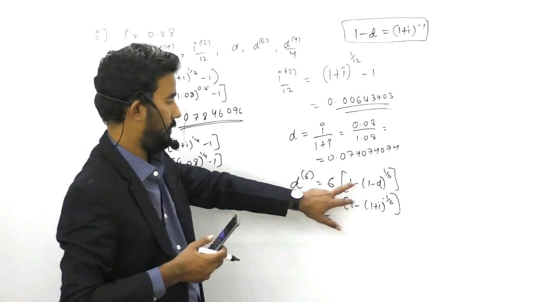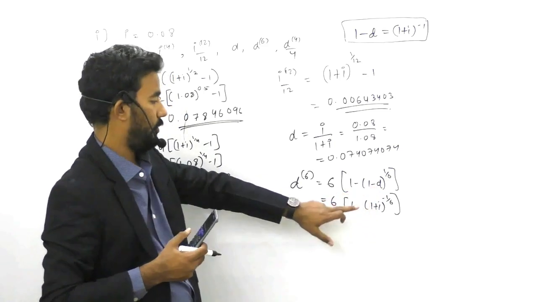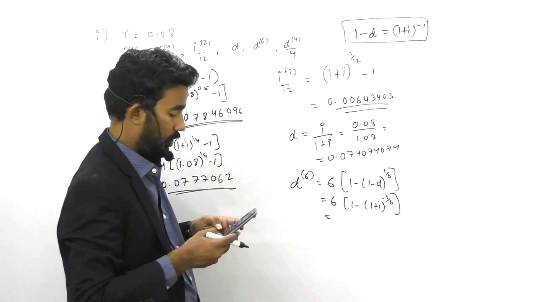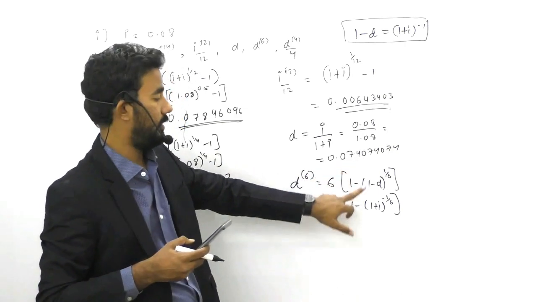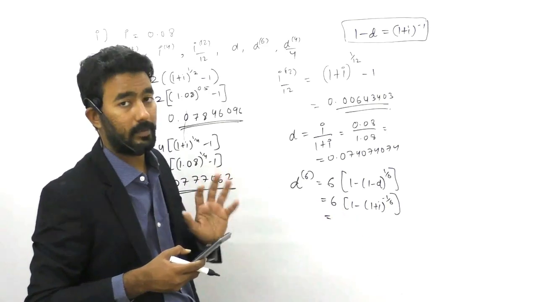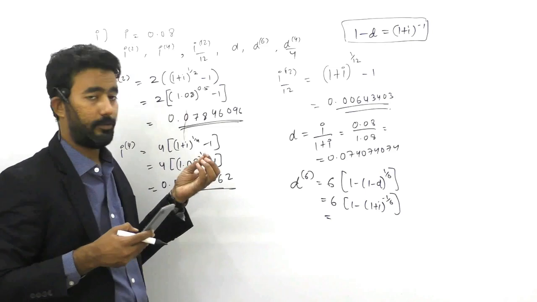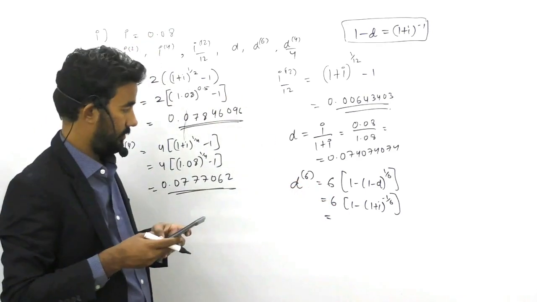You can use either of the formulas. You can use this D in place of this D, or you can use I directly. I would prefer to use I directly because I want to avoid any kind of rounding errors. If you have rounded off this D to 4 or 6 decimal points, you'll get a slightly different answer, which is also acceptable, but the error should not be much. So I personally want to avoid errors completely. So I will directly use the given information I in the equation.